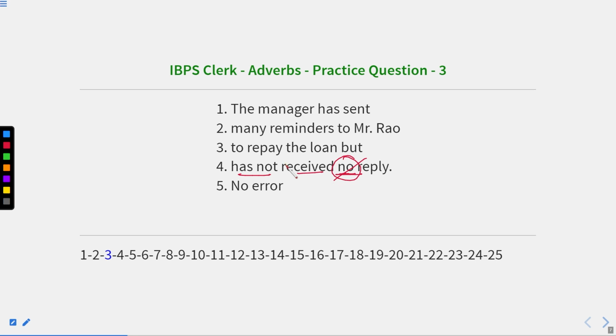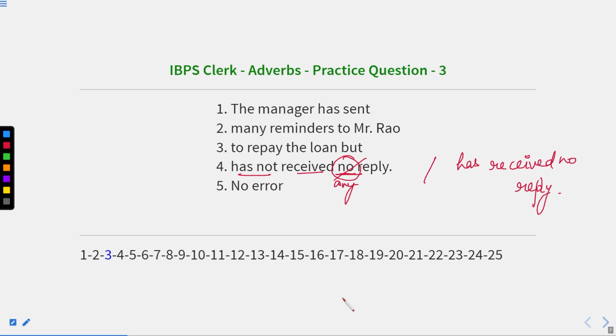We can either write any over here, so has not received any reply, or we could write has received no reply. So these two possibilities are there. Either we write has not received any reply, or we can write has received no reply, but not both negations together.